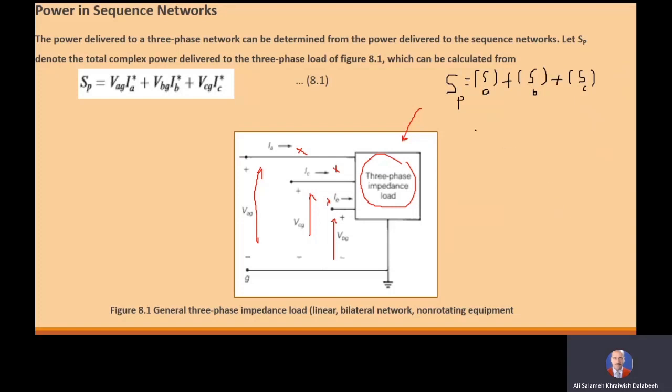This is the general form for calculating the apparent power.